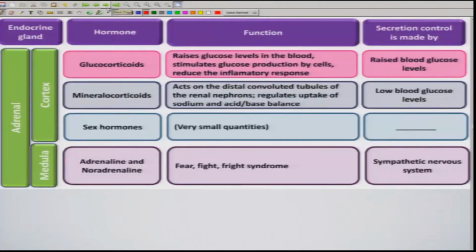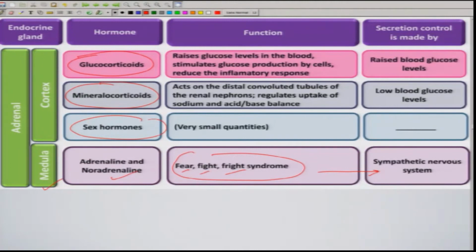Now the endocrine part of it: this is the medullary part, which is involved in secretion of hormones like adrenaline and noradrenaline, and these are the ones which regulate the sympathetic nervous system, the fear, fight or fright syndromes. Whereas the cortex is involved with glucocorticoids, mineralocorticoids, and the sex hormones.